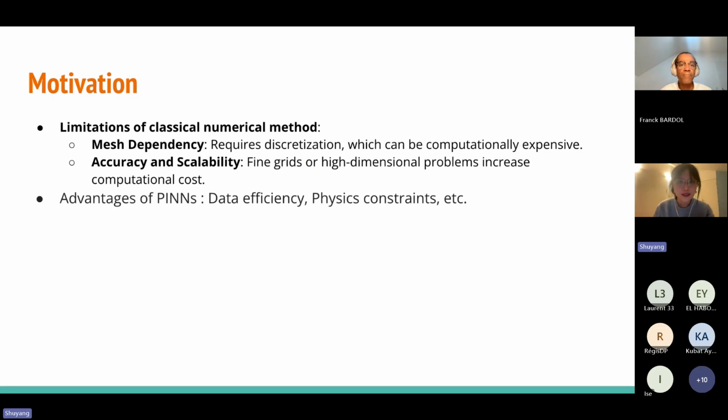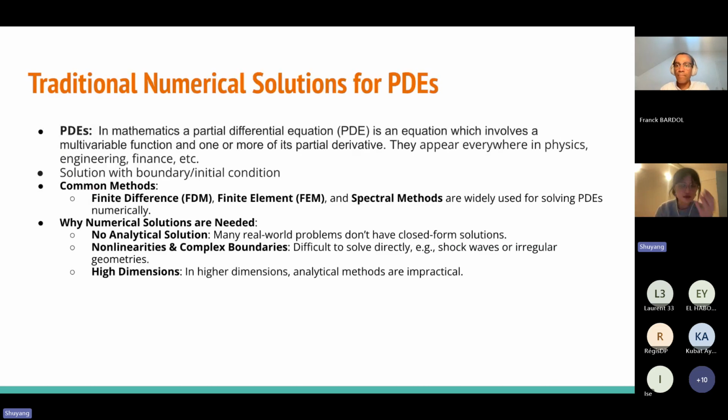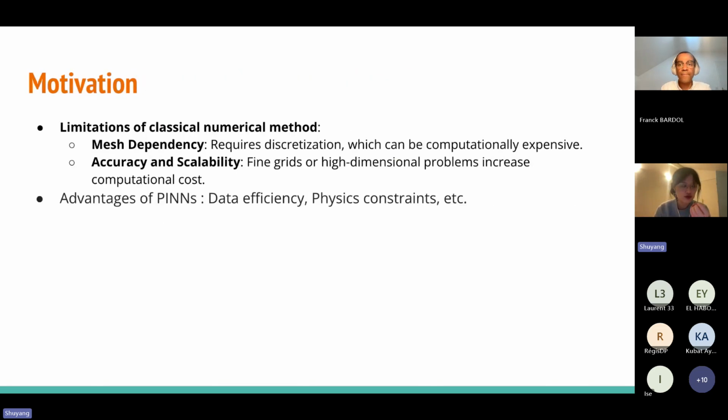So to continue, as I just said before, these numerical methods are powerful. They allow researchers and users to simulate the solution, having a sense of what the solution really looks like in reality. But the methods have limitations. First of all, you always have to discretize.